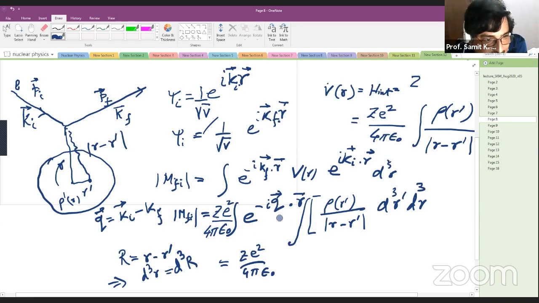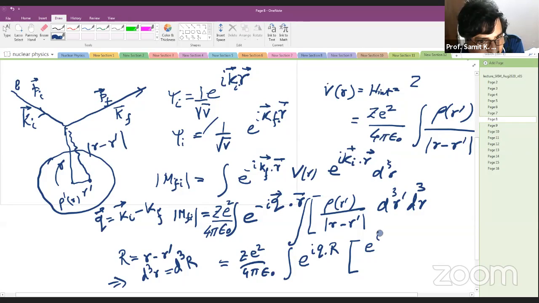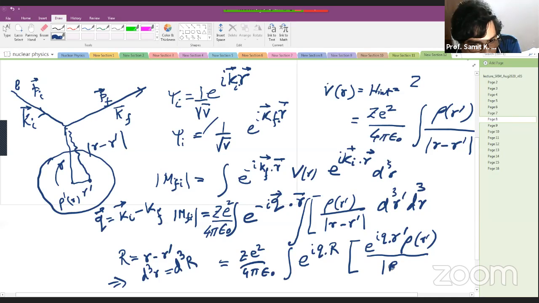Anyway, then this is 4 pi epsilon 0, and e to the power minus i q dot r, and this quantity e to the power minus i q dot r prime rho(r prime) divided by capital R d^3r prime d^3r.